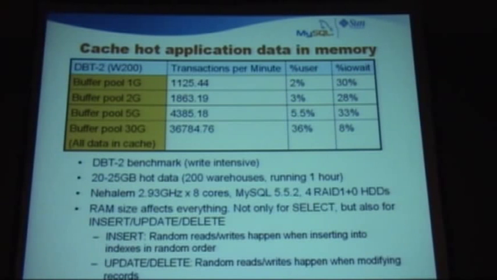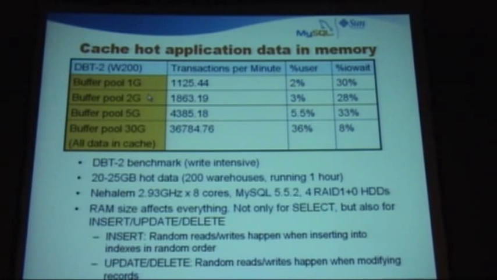This is an example of how throughput changes by increasing memory. This is a DBT2 benchmark, a light intensity benchmark, and the hot data size is about 20 to 25 gigabytes. When buffer pool size is 1 gigabyte, throughput is only 1,100 transactions per minute.